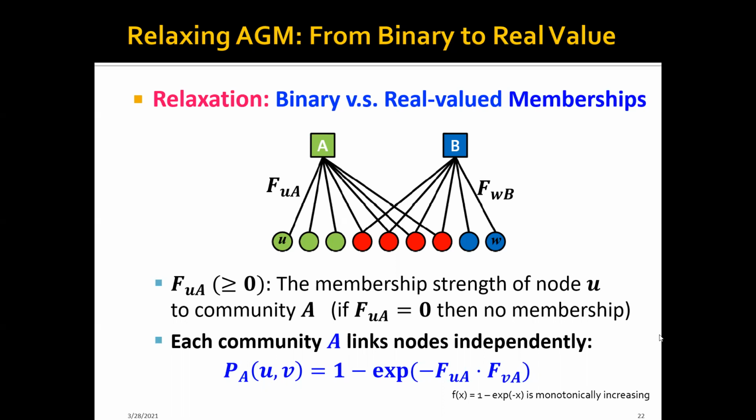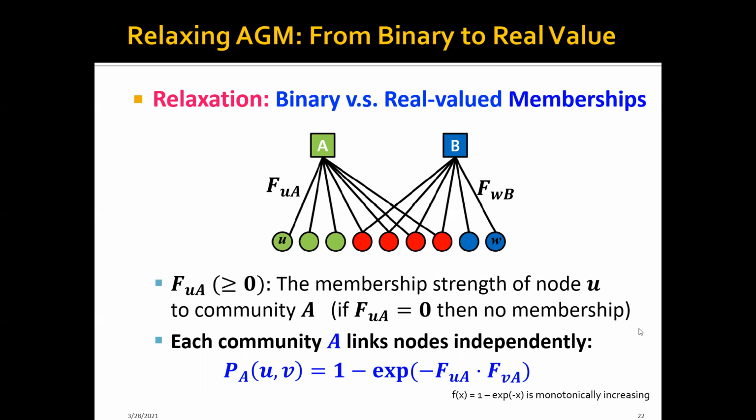We assume that each community A links the nodes independently. So basically, P_A(u,v), which is the probability that community A will link node u and node v, is equal to 1 minus the exponential of minus F_uA times F_vA.